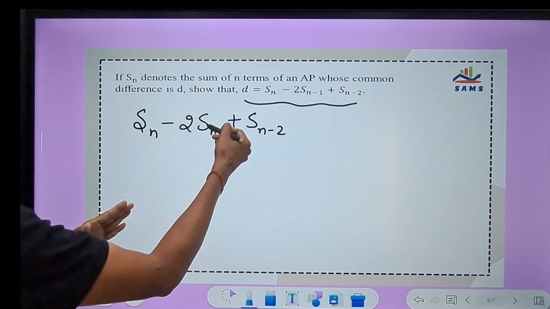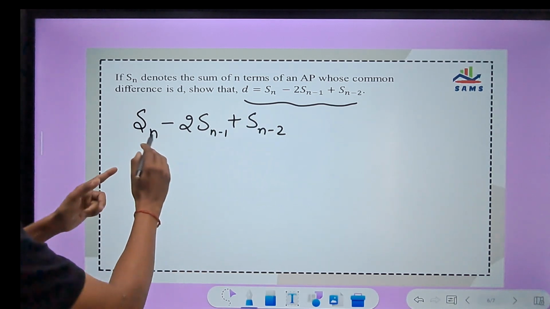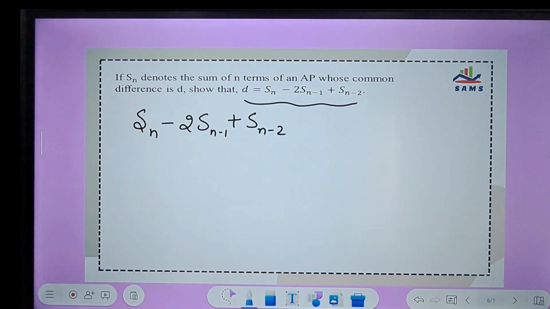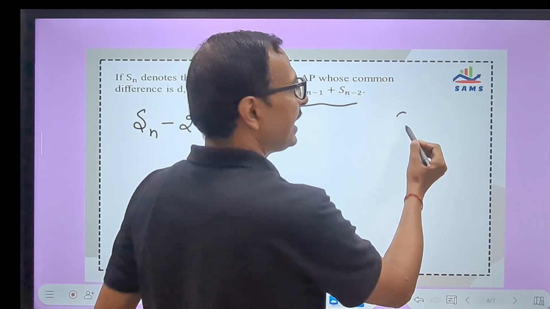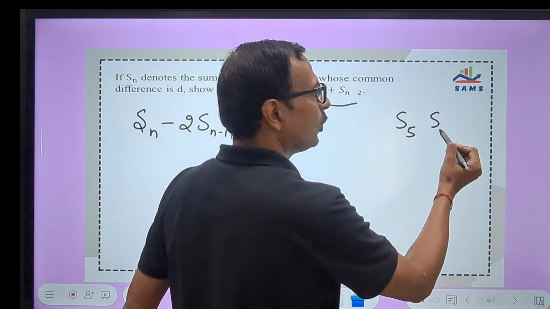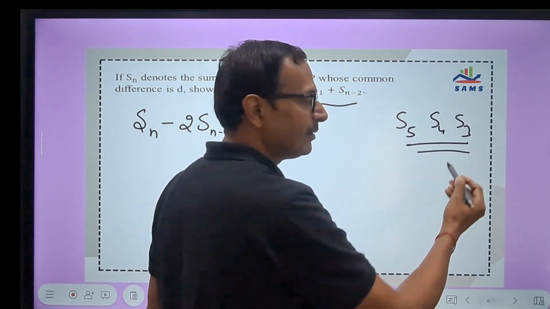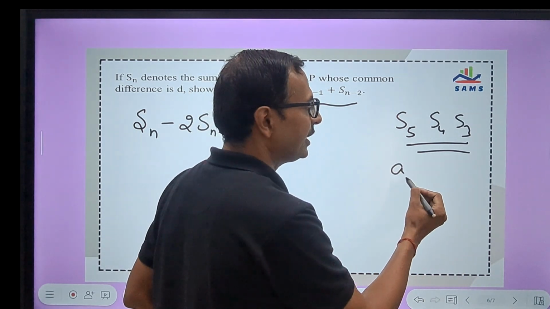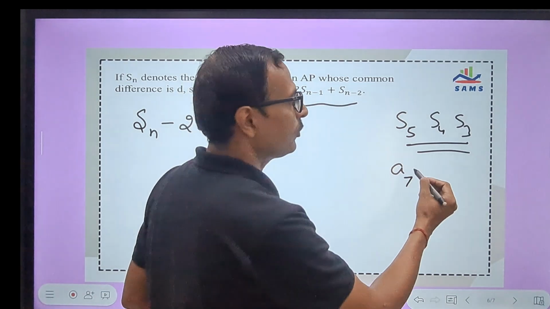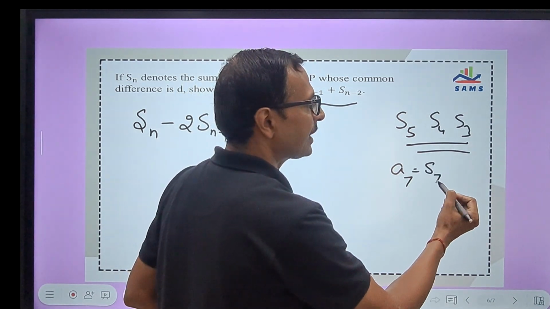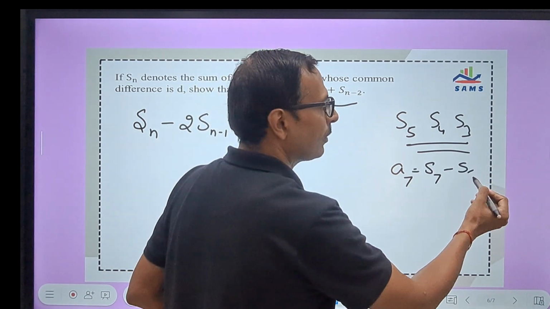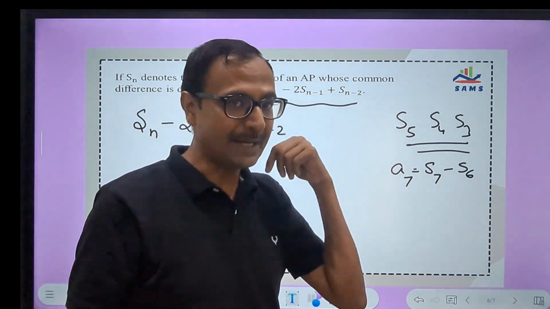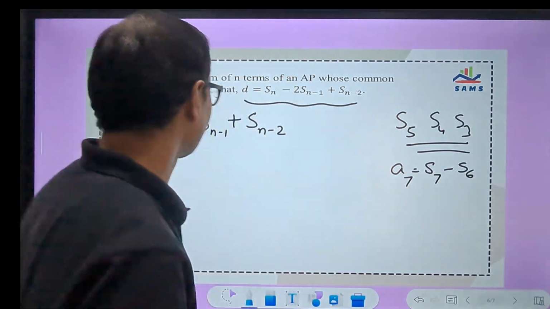Sn minus 1, then 1 less than that, and n minus 1 is 1 less than n, right? Consecutive. So it is primarily like S5, S4, S3, like this, right? Correct? And we know that whenever we have to find a term like term number 7, how do you find that? You subtract S6 from S7. Remember this rule, and that is what I am going to apply here.